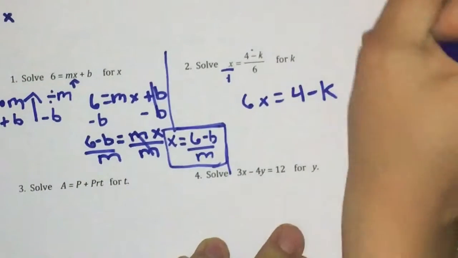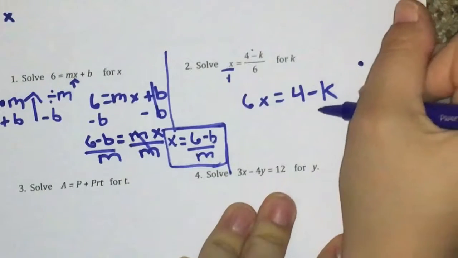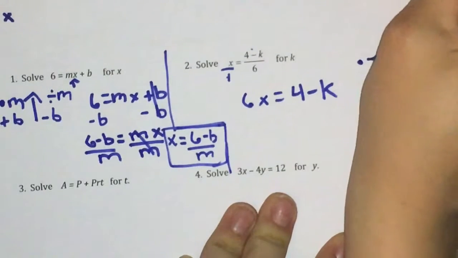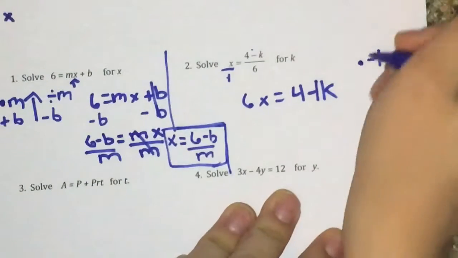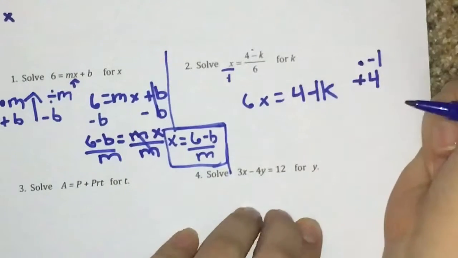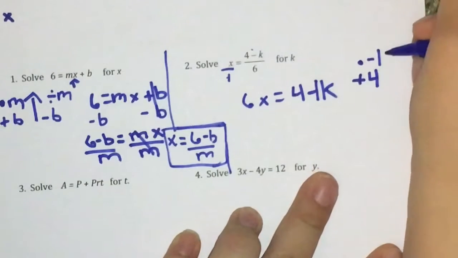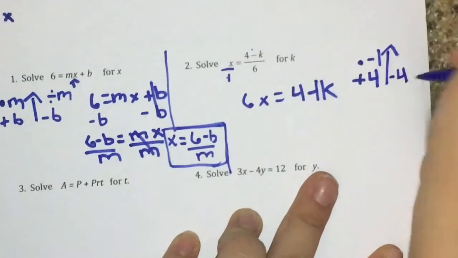So then from here, let's decide what's happening to k. Well, the first thing that's actually happening to k, and this is kind of where it gets tricky, is that it's being multiplied by -1, because there's technically a -1 in front of it. Then it's being added by 4 because this is a positive 4. So then we need to do the reverse opposite. Instead of adding 4, we subtract 4.